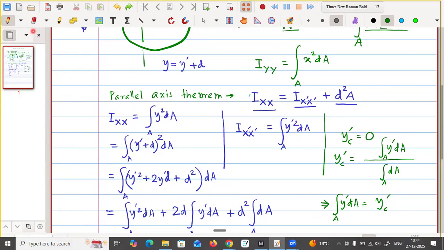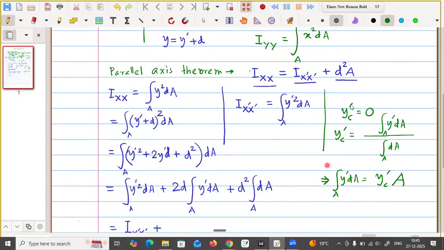This one is area, therefore we can directly write this as area. Now what is y prime c? This is 0 because this is situated at the centroid. The axis is passing through the centroid, therefore this is 0. Therefore we can write that this is 0, because passing through the centroid.